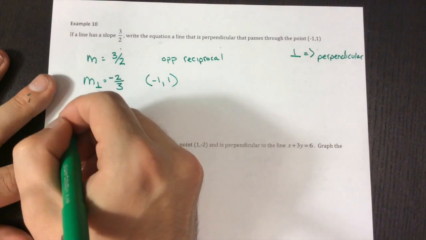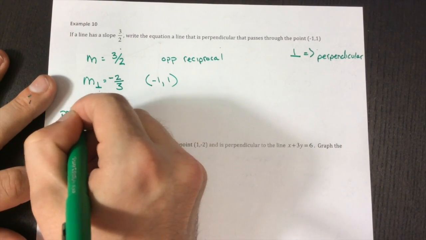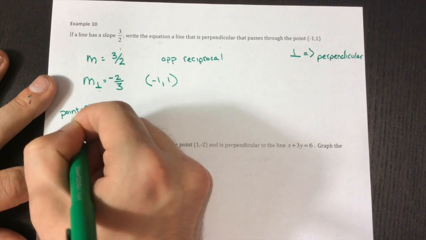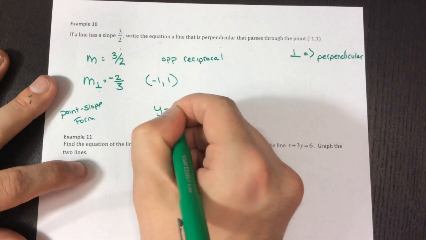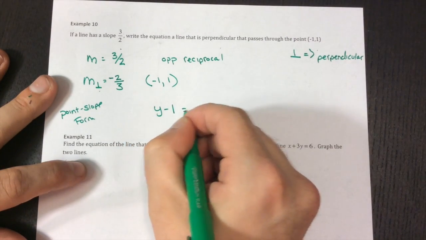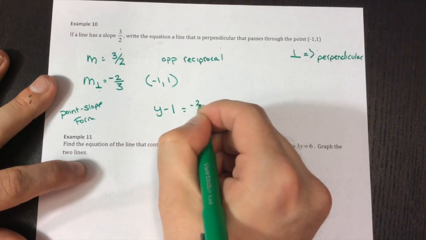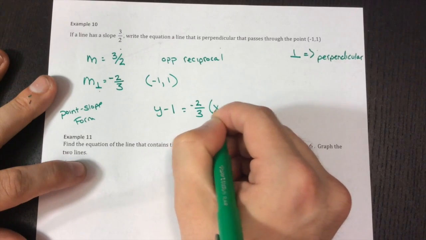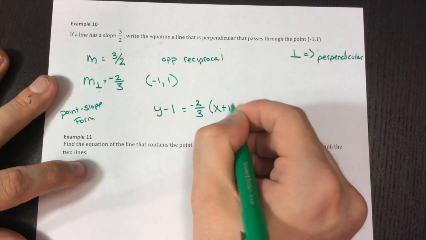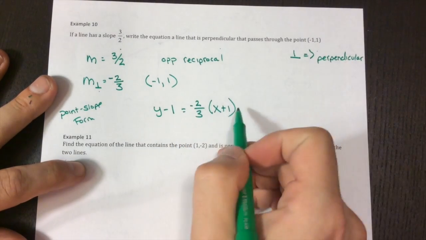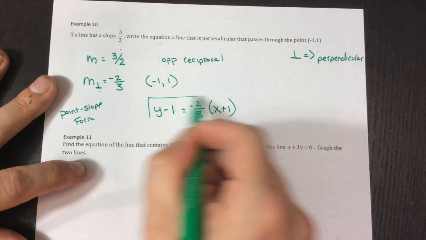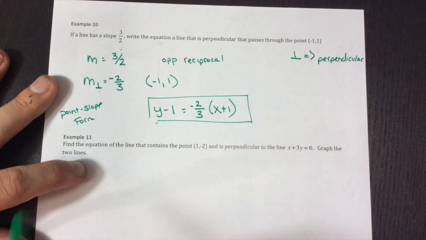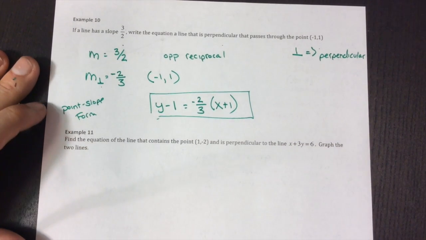So again, I'm going to do point-slope form. y minus the y value equals our slope, -2/3, times x minus the x value. Subtracting a negative becomes a positive. There is the equation of our line that passes through our point and is perpendicular to our other line.